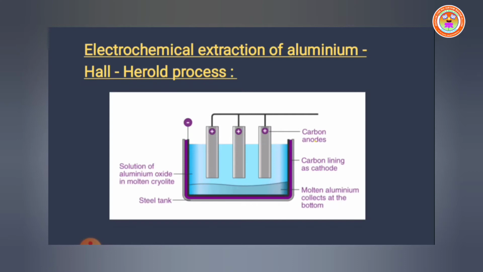by leaching. Clear? So the 20% solution of alumina obtained from bauxite ore is mixed with molten cryolite.